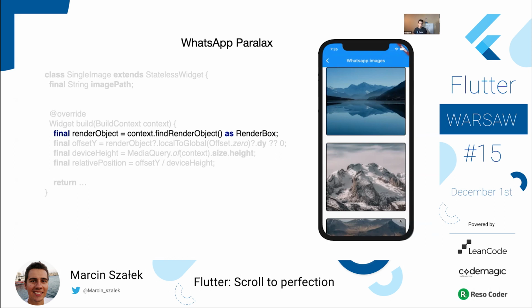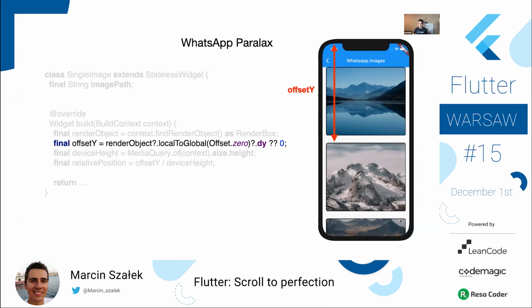I will just show you how to use it in our use case. First, we'll get the render object, and we'll use it to call local to global, which will provide, in the end, the offset y. I call it offset y, which is basically the distance between the top of our widget and the top of the screen. So how many pixels from the top of the screen is our widget placed?